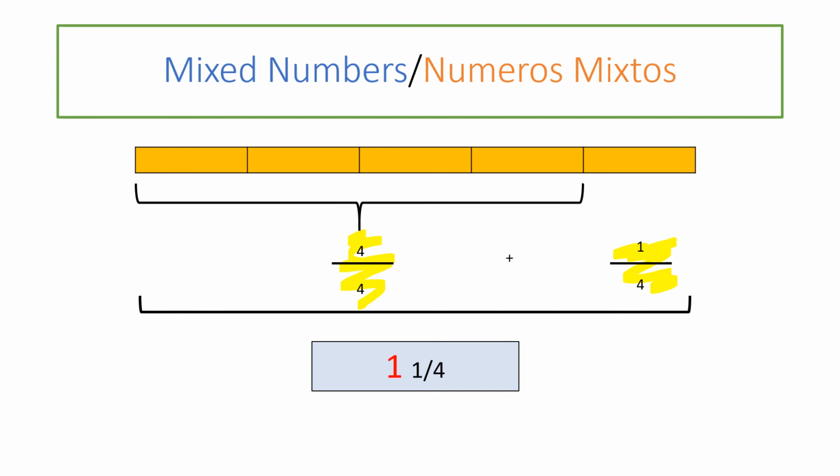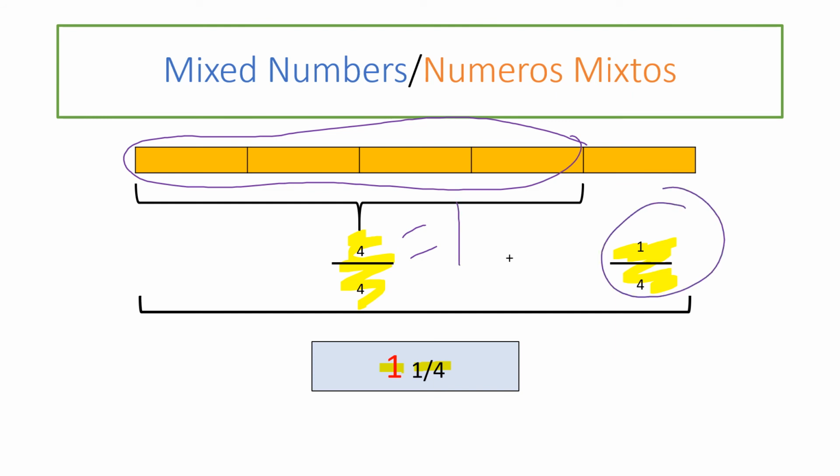But as a mixed number, I have 1 whole and then 1/4 here. Let me show you what I mean. This section here is 1 whole. Then I just have 1 extra fourth left right there. So 1 whole plus 1/4 equals 1 1/4.